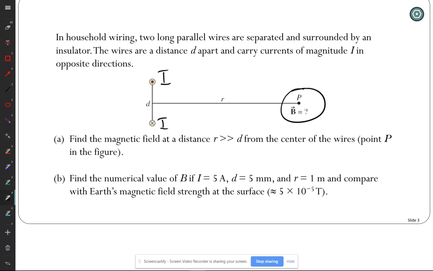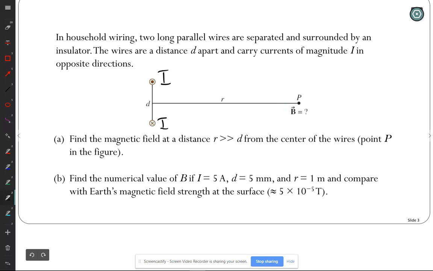Now, this is not the force between wires, it's finding the magnitude of the magnetic field. Why is it greater than greater than?